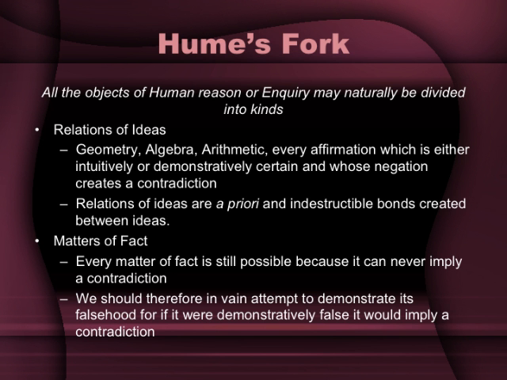They create this indestructible bond between the ideas. 3 times 5 equals 30 divided by 2. This is an indestructible bond. Both sides equal 15. No matter what you do, this argument itself is indestructible as both sides are equal to each other. Now, a priori, this means before experience.